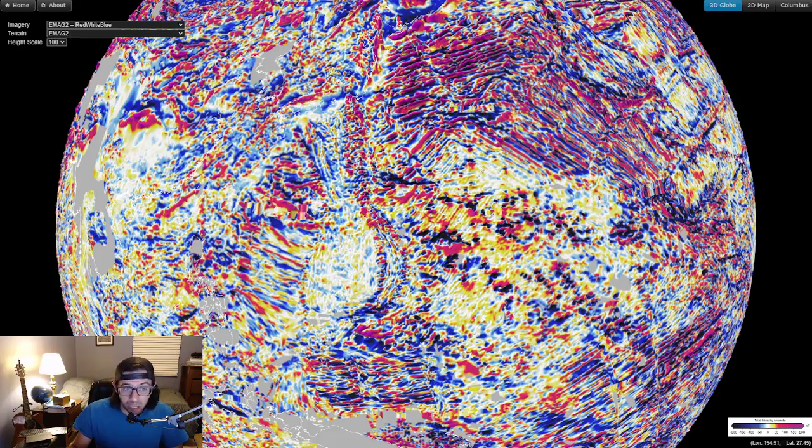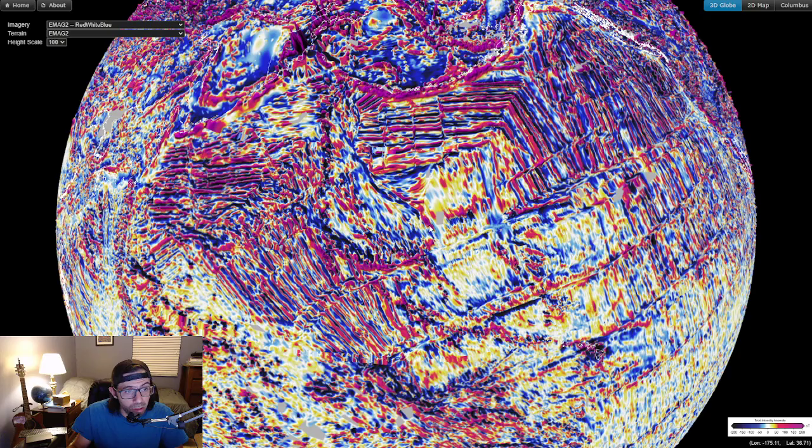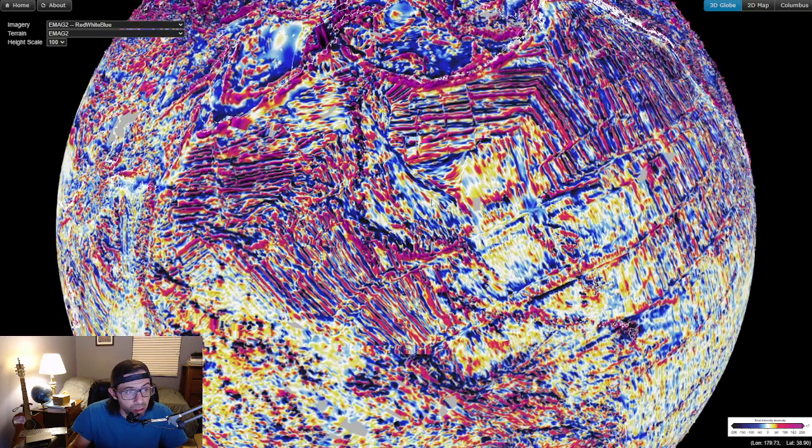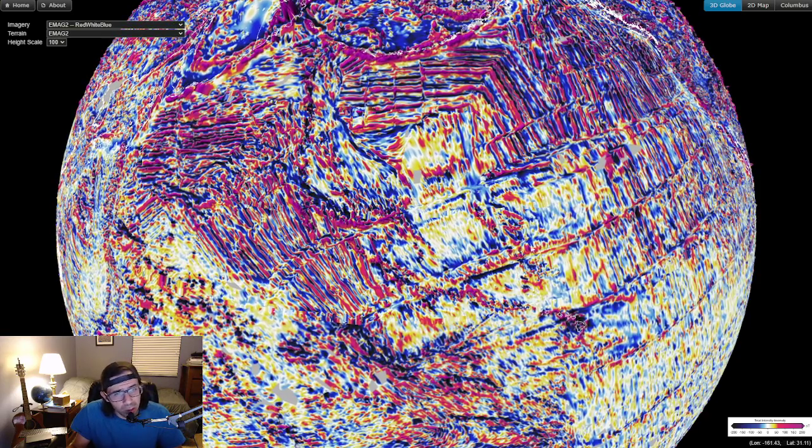So that's kind of where I was. Also, I believe up here we see an imprint of a sort of Mariana Trench looking thing, and also maybe there.